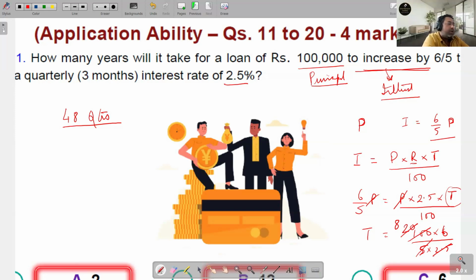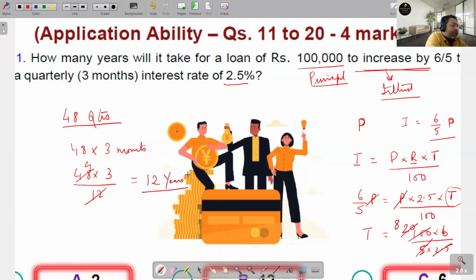Now 48 quarters means 48 3-months, right? So 48 quarters is equal to 48 into 3 months. And therefore, the number of years will be 48 into 3, and every year is 12 months. So 12 divided by 12. So we'll get 12 years.